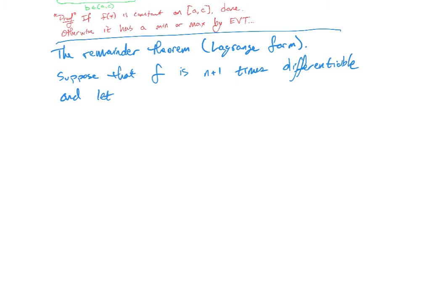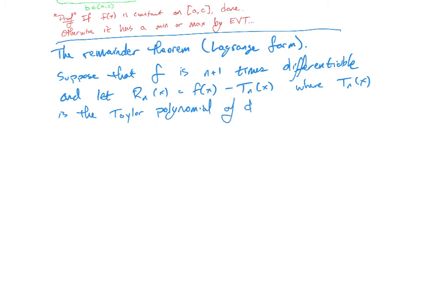Okay. And let Rn be this difference between f and its Taylor polynomial, where let's actually say Tn is the Taylor polynomial of degree n for f of x centered at x equals a. Okay?